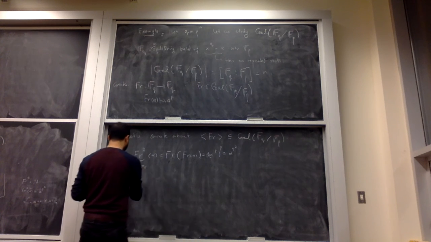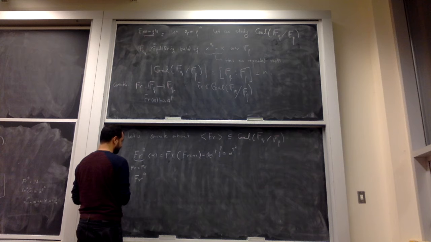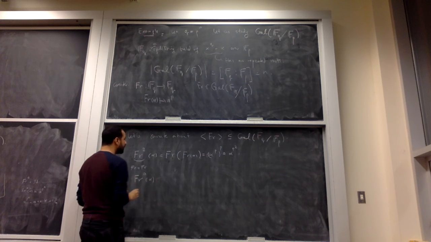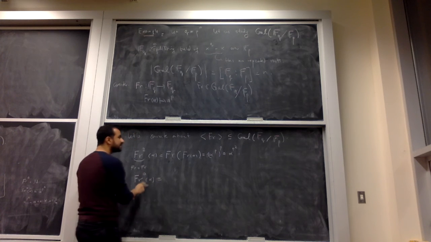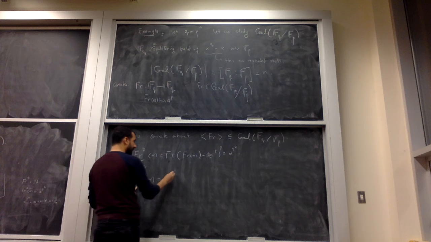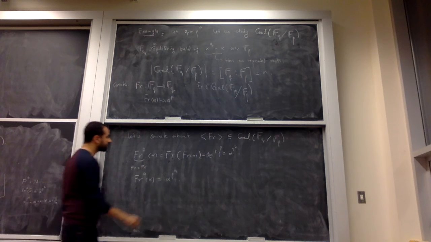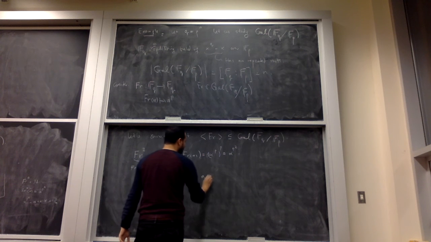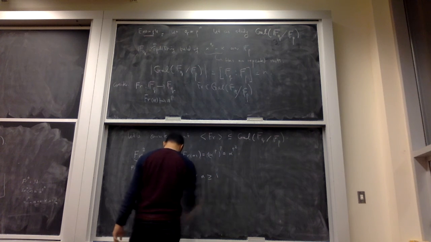Similarly, Frobenius to the power of a applied to alpha, a being a positive integer, is just going to be alpha to the power of p to the power of a. This is for every a greater than or equal to 1.